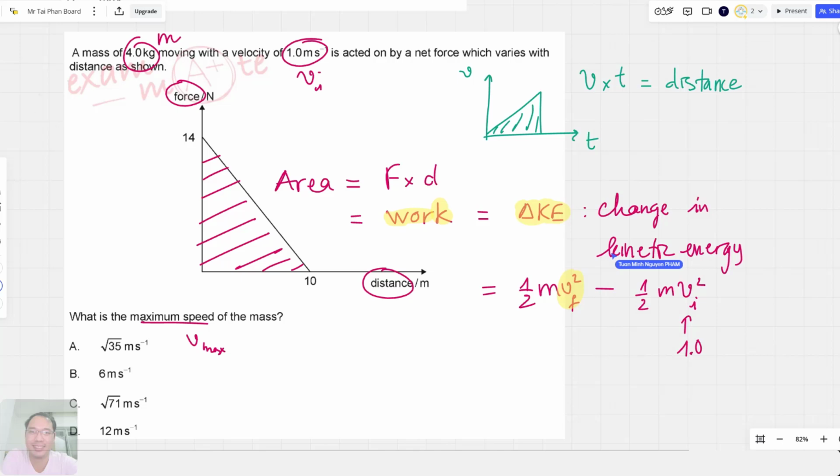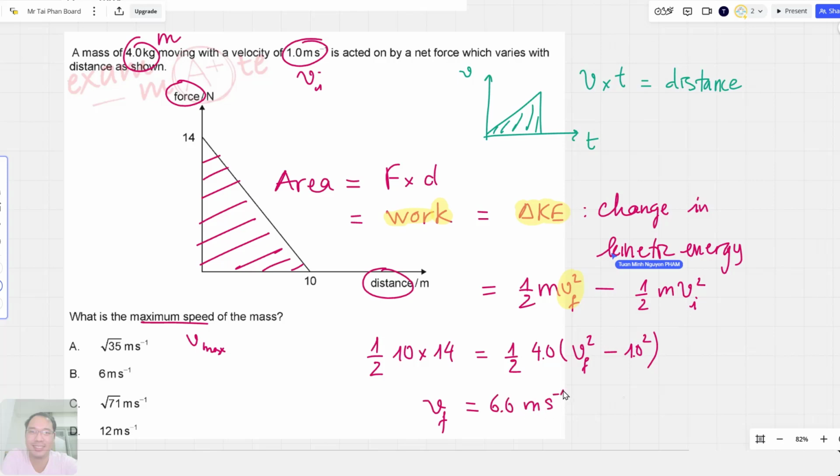Okay, let me write that like a saving document. The work is the area of the triangle, which is 1/2 the base 10 and the height 14, equal to, let's make the mass the common factor, which is 4, and then v final is what we need to find. v initial is 1, squared. So in this equation, the final velocity is 6 meters per second.